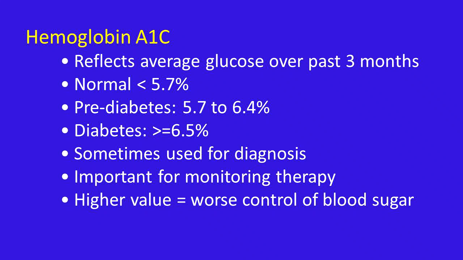Sometimes we use hemoglobin A1C to make a diagnosis, and the most important thing is we use this to monitor the efficiency of the therapy, because it reflects the average glucose level over the past 3 months. A higher value equals worse control of blood glucose level.